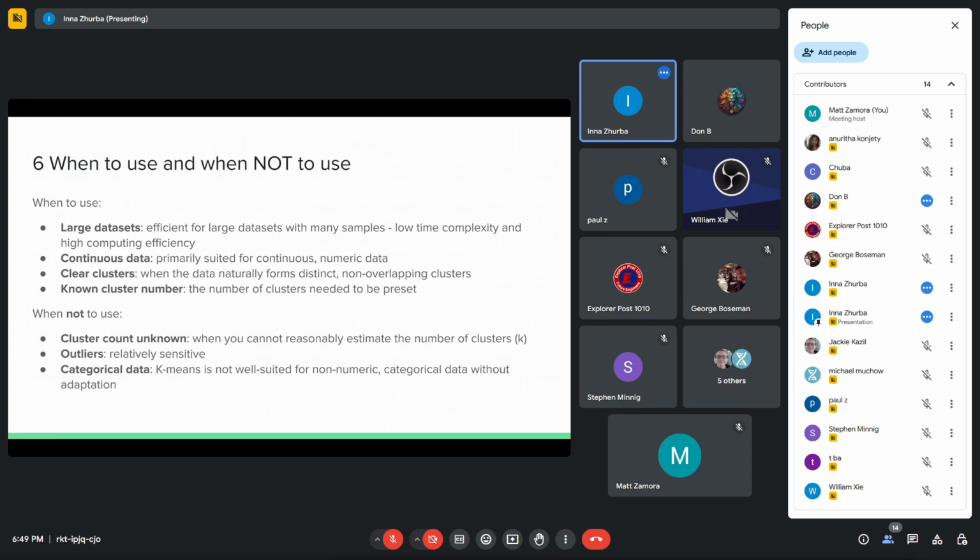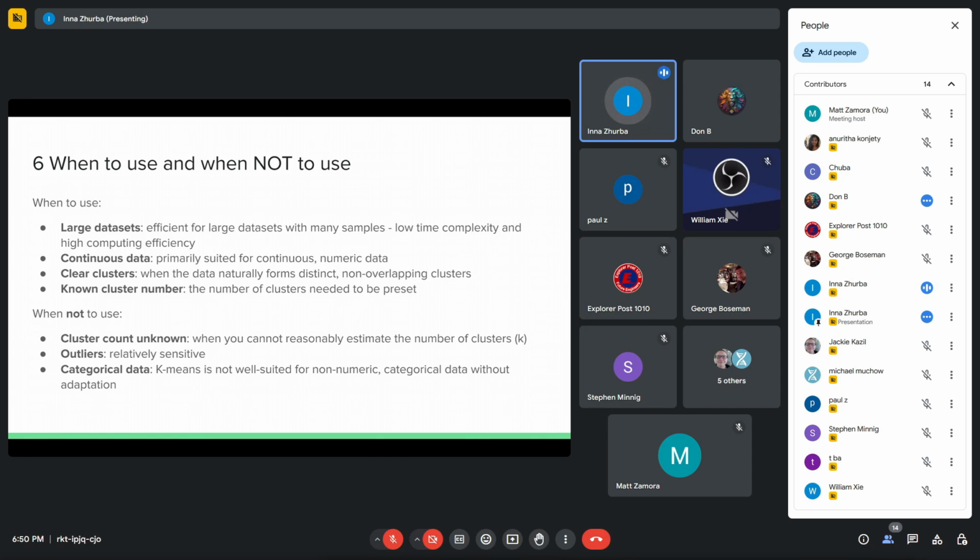We can say that the best way to use this algorithm would be when we have large data sets, because we mentioned the efficiency and how it can compute the groups in a relatively low time, and it does it efficiently. It also can be used with numeric data, less so with categorical data. But again, there are ways to adapt the k-means algorithm for use with categorical data.